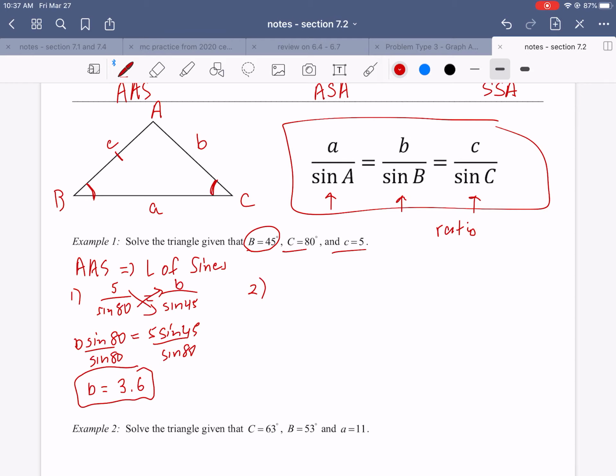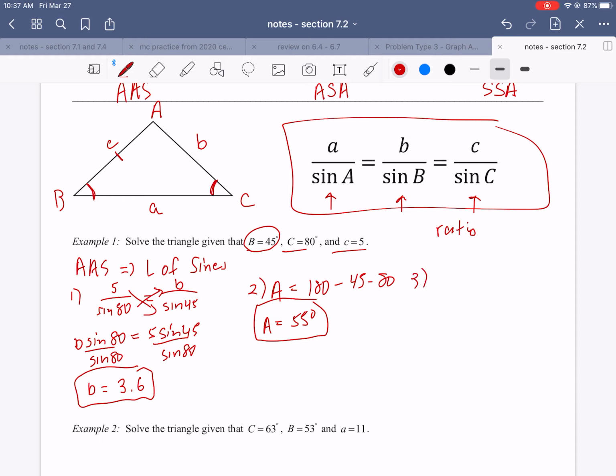Okay, the second thing I'm going to have to do to continue solving for this is find the missing angle, and so that would be angle capital A that we're missing. And since I know that in a triangle the angles all have to add up to 180, that means I'm going to subtract the two angles that I have from 180, and so that's going to give me A is equal to, when I punch that into the calculator, 55 degrees.